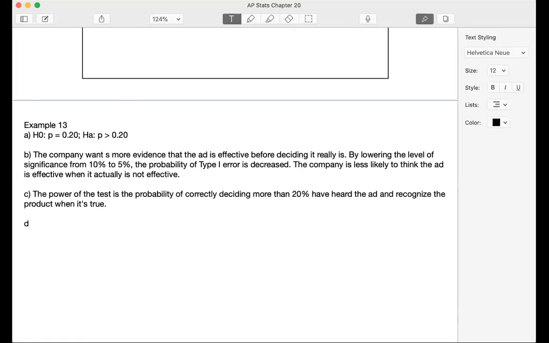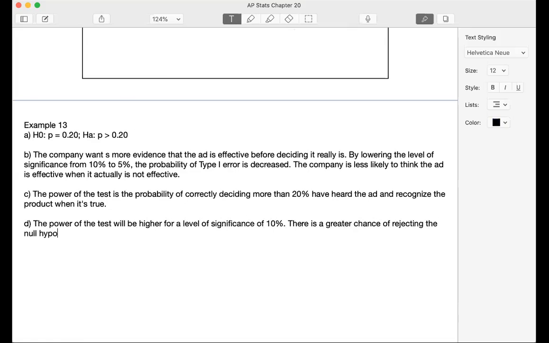D, the power of the test will be higher for a level of significance of 10%. There is a greater chance of rejecting the null hypothesis.